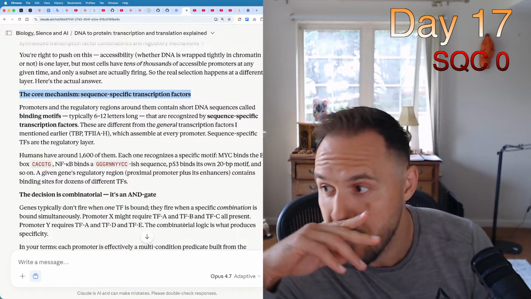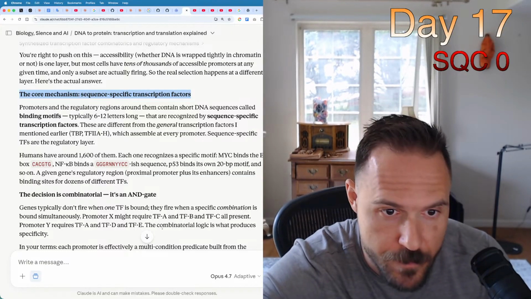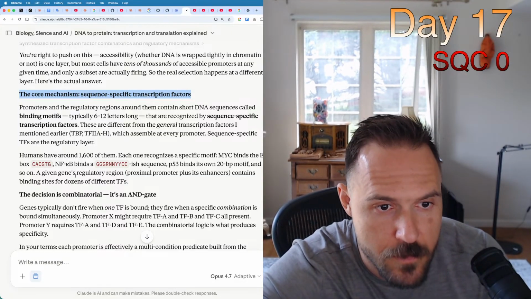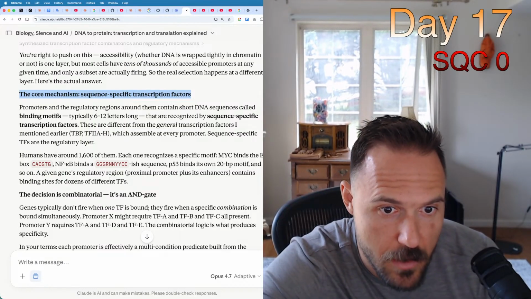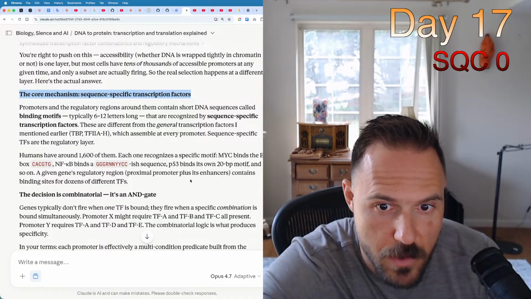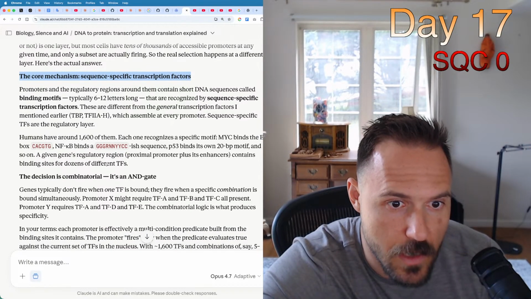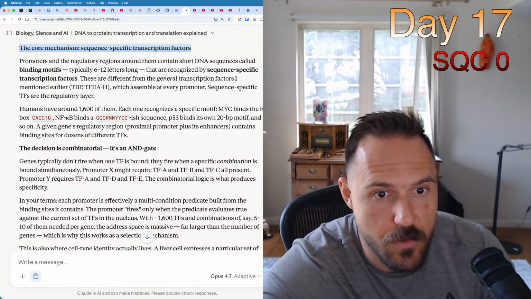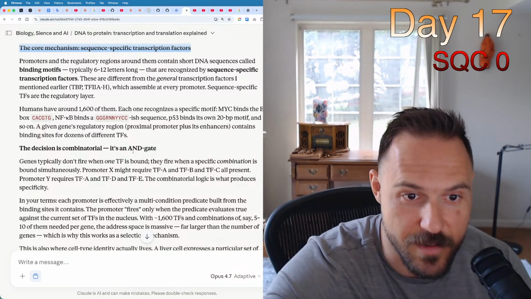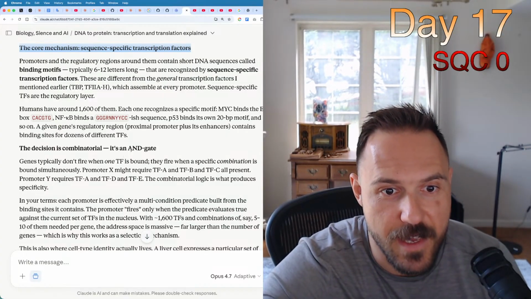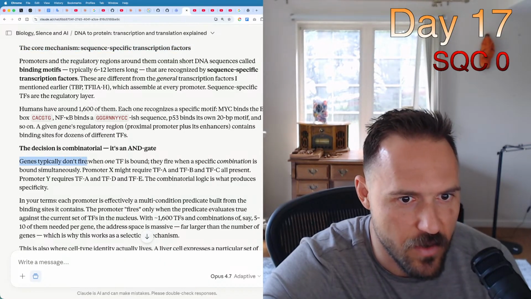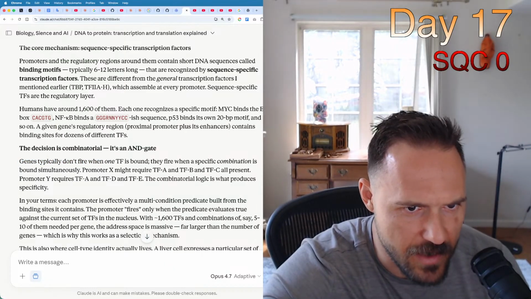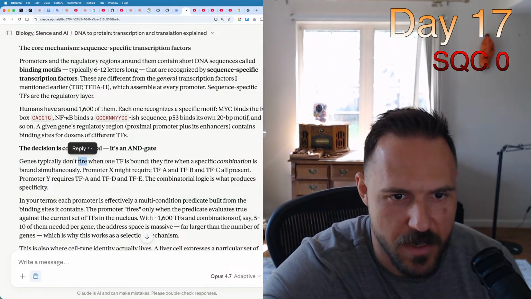A given gene's regulatory region, proximal promoters plus enhancers, contains binding sites for dozens of different TFs. The decision is combinatorial. Okay, so we do have an answer. Let's go. And it's an AND gate. Genes typically don't fire when one TF is bound.